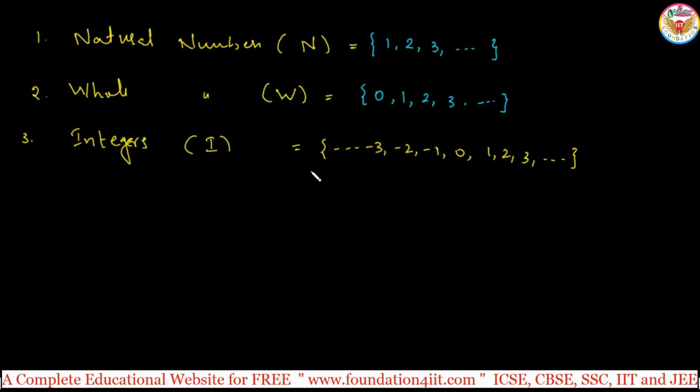These are the integers. The negative natural numbers plus whole numbers combined are integers. Also, all the natural numbers are in whole numbers and all the whole numbers are in integers. Similarly, all the integers are in rational numbers.